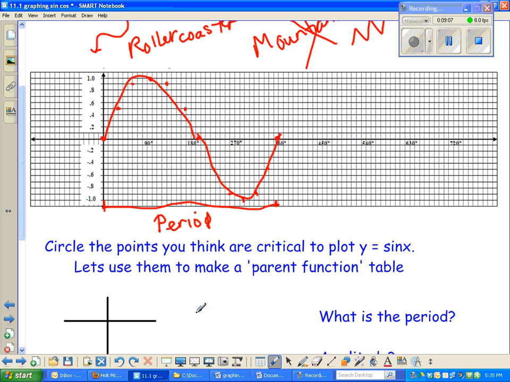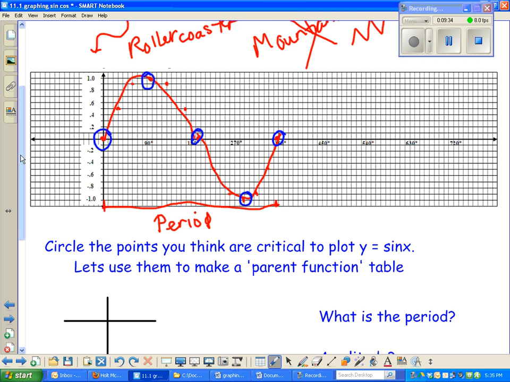Okay. So I have now asked you, question 2, circle the points on the graph that you think are critical to plot if you want to sketch this graph in the future. So the points I think are critical are 0, 0, where does it start? The top of my mountain here at 90 degrees, back to 0, the bottom of my hill at 270, and back to 0 again at 360.